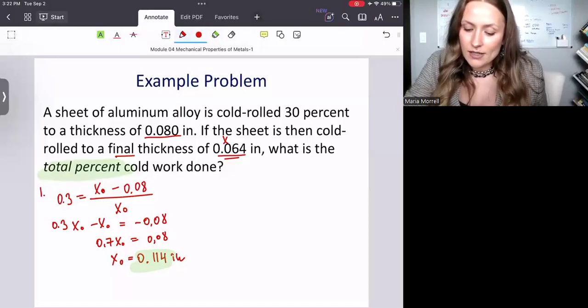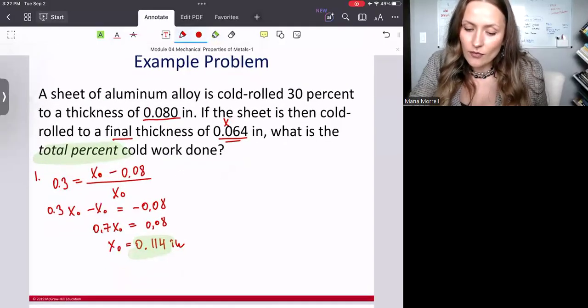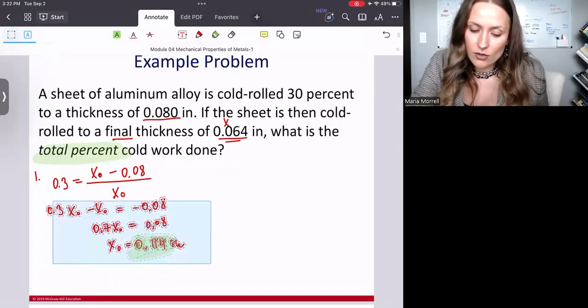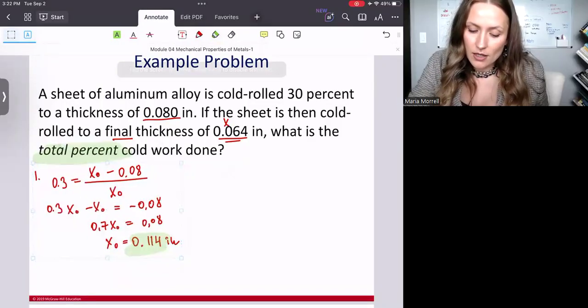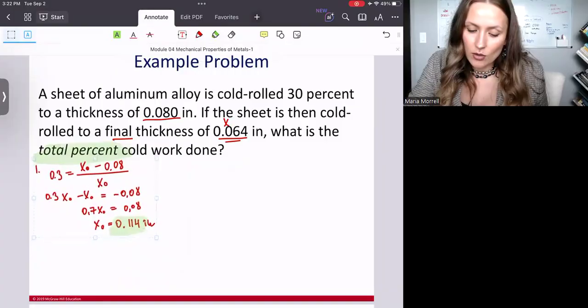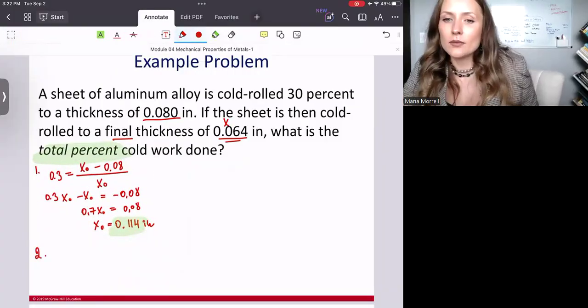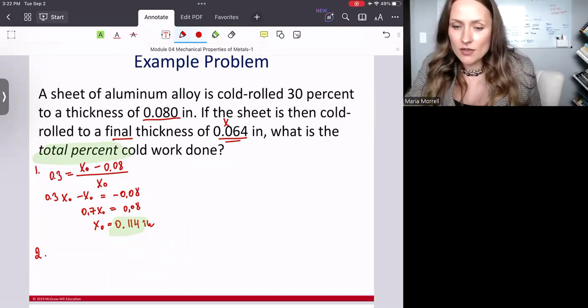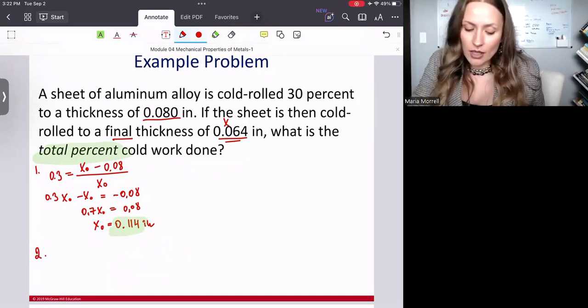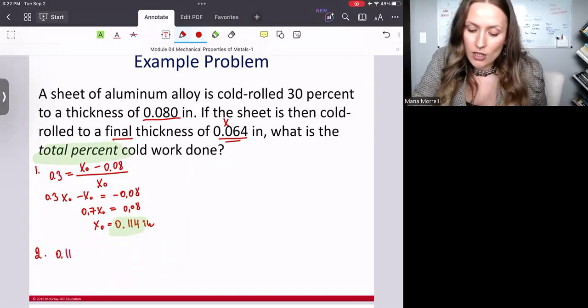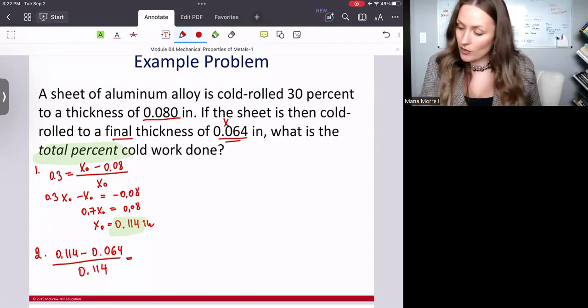Now, my second step would be, and I would like to preserve some space, so allow me to make it slightly smaller. I would like to remain on the same side. Now, the next step is relatively simple. To estimate the total percent cold work, I'm going to do the initial thickness minus the final thickness, divided by the initial.